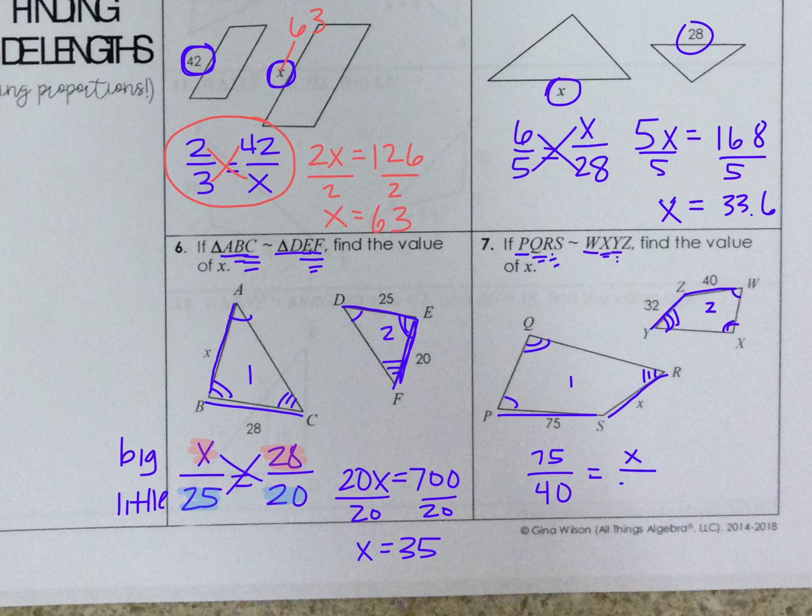Nothing to 3 marks is a 32 on my little one. I've got the bigs across the top, the littles across the bottom. I'll cross multiply. 40x equals 75 times 32, which is 2,400. Divide that by 40. End up with x equals 60.